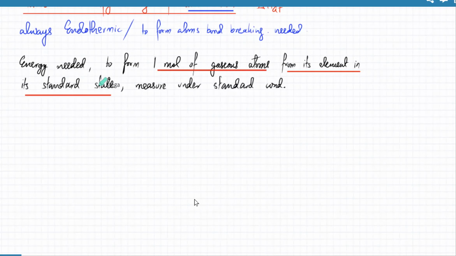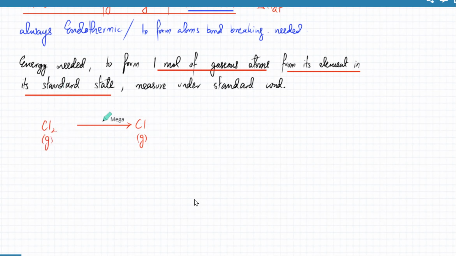So the first one: I'm trying to make 1 mole of gaseous chlorine atoms. So I need to make 1 mole of chlorine atoms from its element. What is the element at room temperature? Chlorine is diatomic, so that is Cl2, and it's gaseous at room temperature.